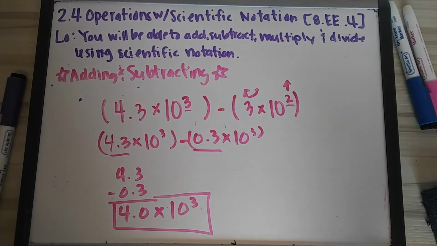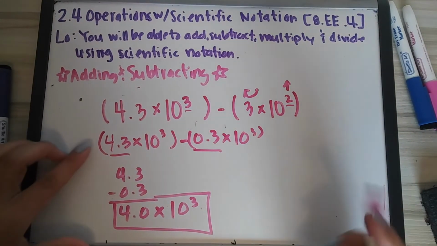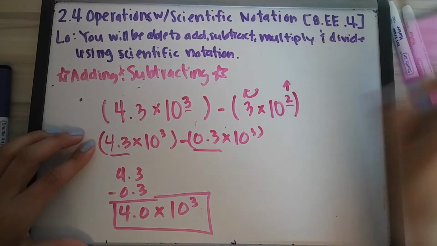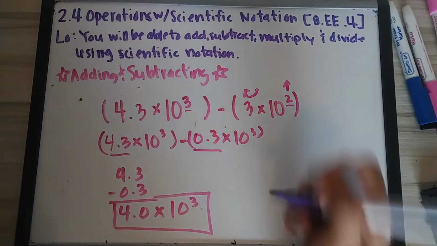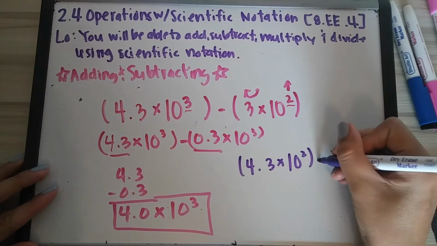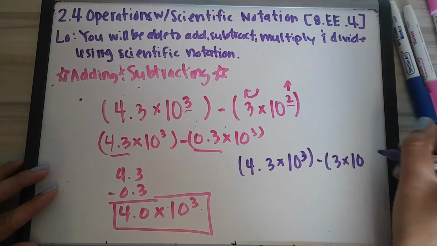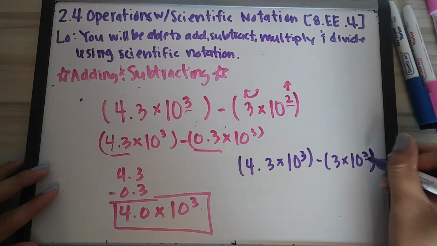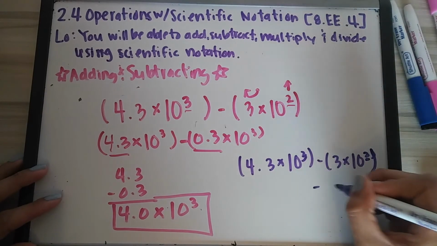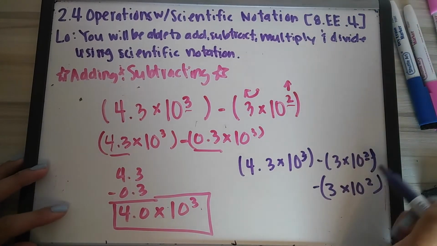Okay? The other way to do it with the same method is if I want to bring this one down. So let me rewrite it with a different color. So I want to keep it at the second power. Then I'm just going to write this one the same, right? And then this one, I'm bringing this one down.